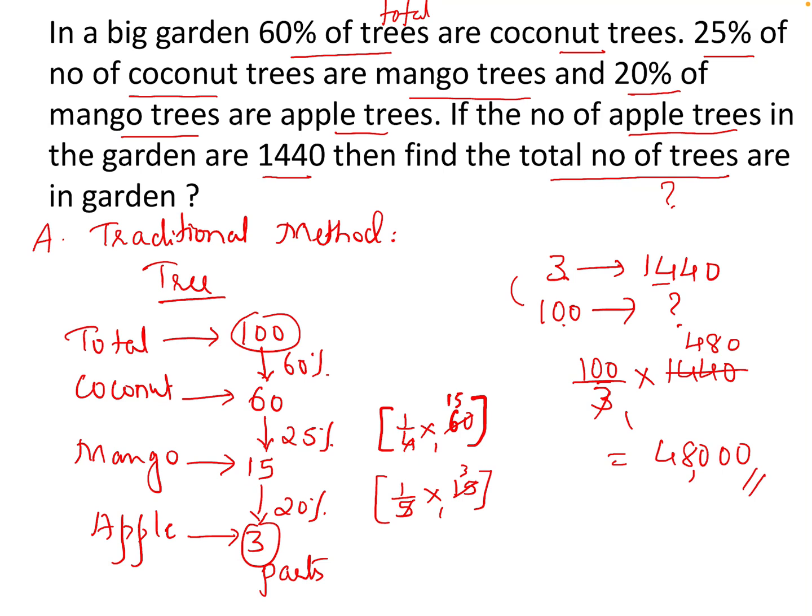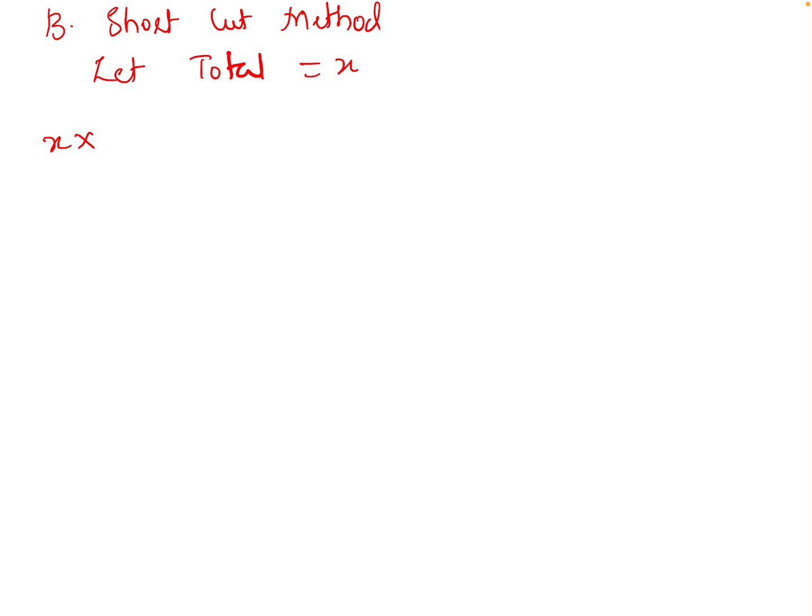Now we'll see the shortcut method, how to solve it. Now we don't know the total number of trees. So let the total number of trees be x. So x into, coconut trees are how many? 60% of total trees are coconut trees.